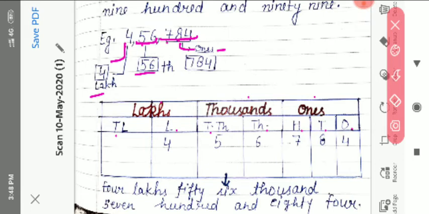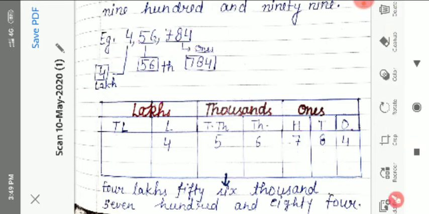As you can see, in the ones period the digit is 4, tens 8, 7 is at the hundred place, and in the thousand place 6, 10,000 place 5, and in the lakh place 4.